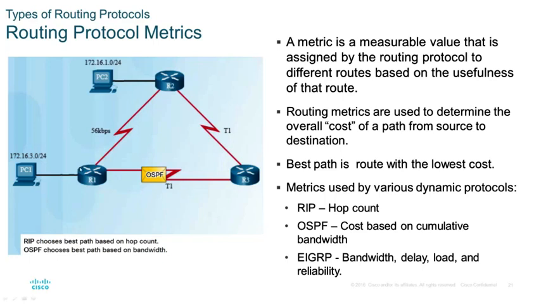On the 56 kilobit line, that's way slower than the T1 line, so its cost is going to be something like 1,000. So it will add up the costs to determine the best potential path. From R1 to R3 is 100, from R3 to R2 is another 100, so it's a total cost of 200. And then if it adds in the additional cost right there, let's say it's a 1 gig line, so it has a cost of 1, so 201 from the perspective of router 1 to get all the way to PC2.